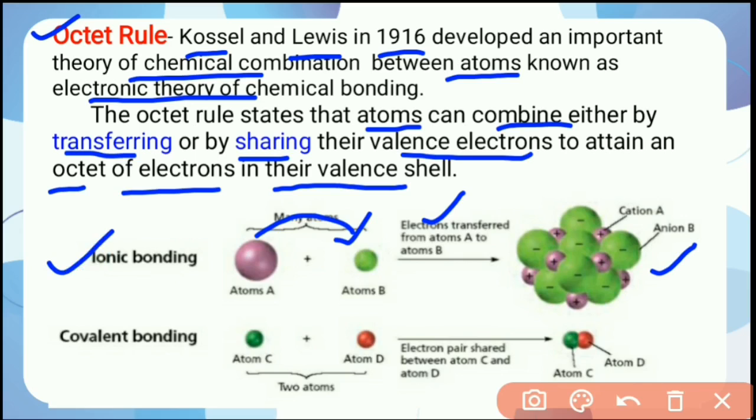And when atoms gain 8 electrons by the mutual sharing of electrons and form a covalent compound, it is called covalent bonding. So in these two ways, atoms acquire 8 electrons in their valence shell and gain stability.